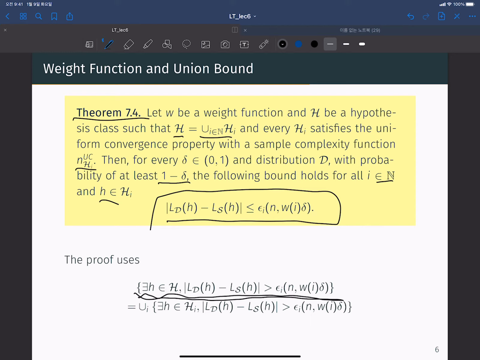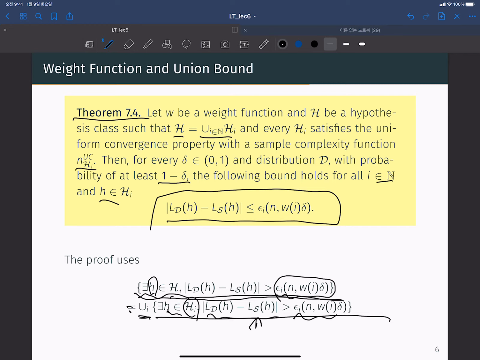The event that there exists a hypothesis h that has more than epsilon_i generalization error is equal to the union of the events that there exists h in H_i of which the generalization error is more than epsilon_i, each with probability w_i delta.